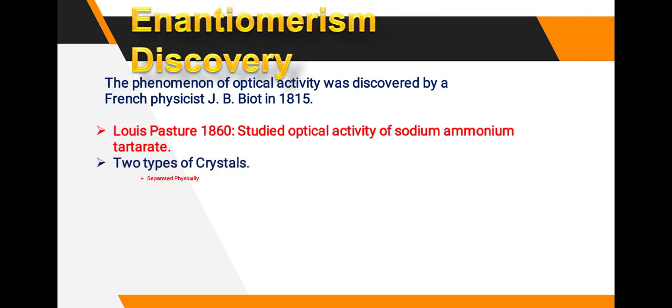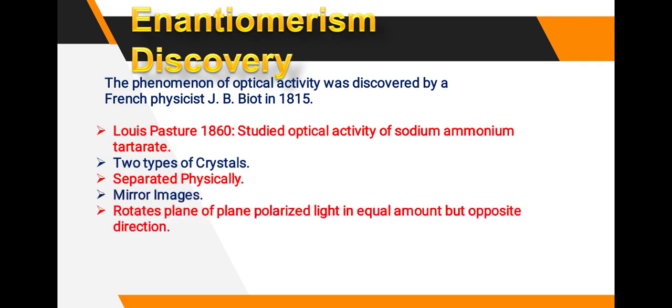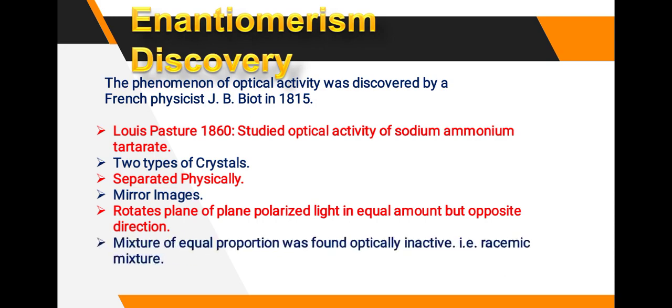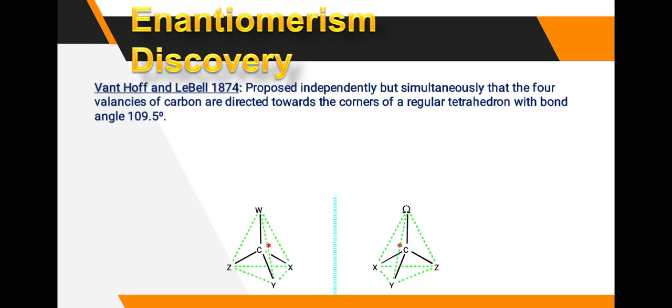There are two types of crystals, which were separated physically, mirror images, and they rotate the plane of plane polarized light in equal amounts but in opposite directions. Okay, a mixture of equal proportions was found optically inactive, that means a racemic mixture. What does it mean when you mix the R and S? There is a formation of a racemic mixture.